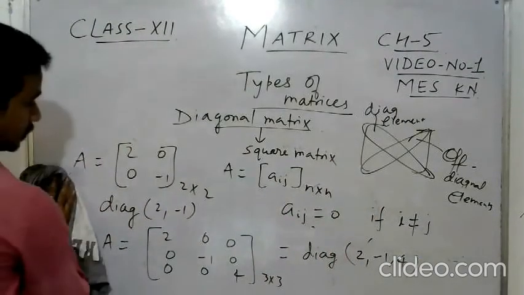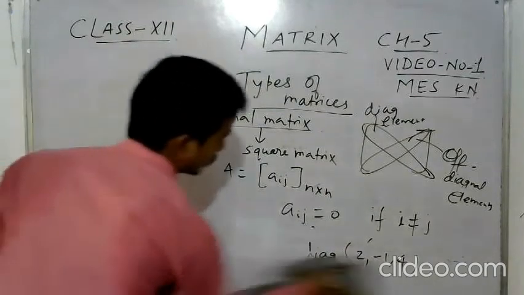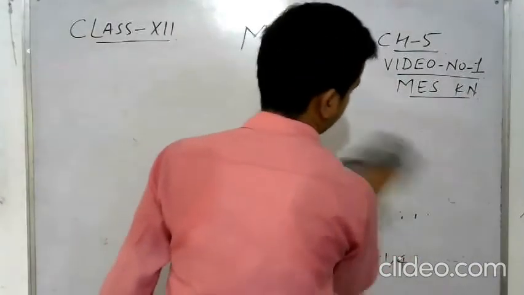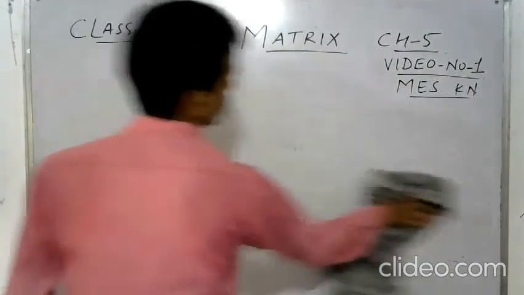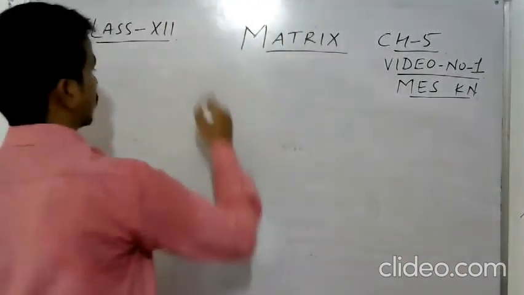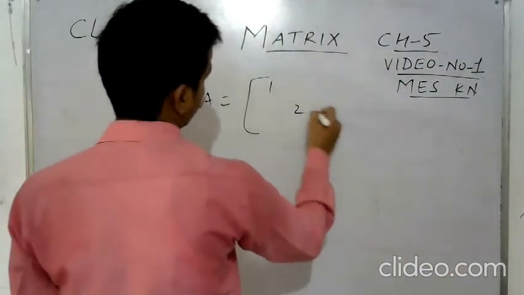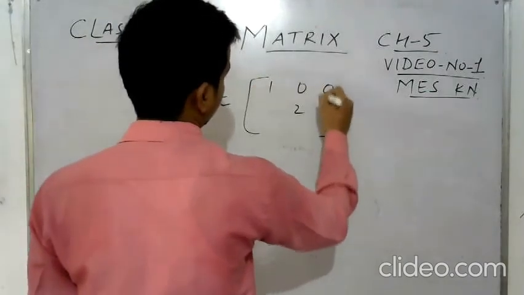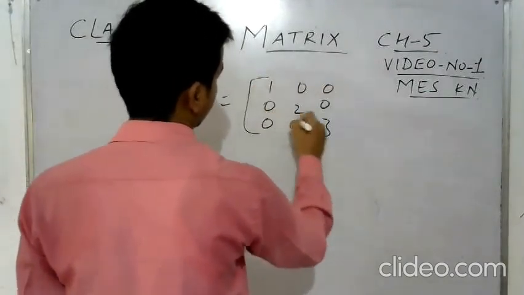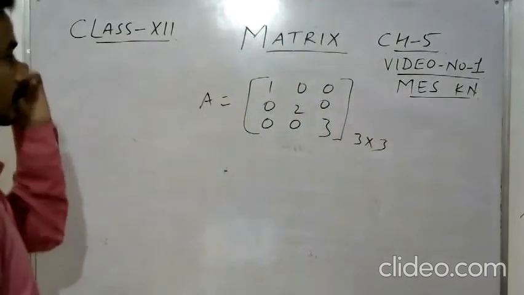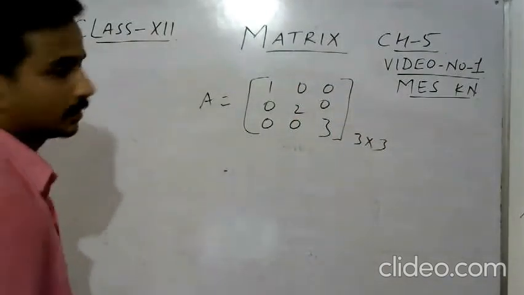Now here we will see some more concepts. Suppose we have A with 1, 2, 3 on the diagonal and 0 elsewhere. We have a 3 by 3 diagonal matrix.